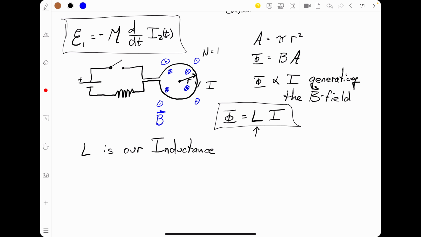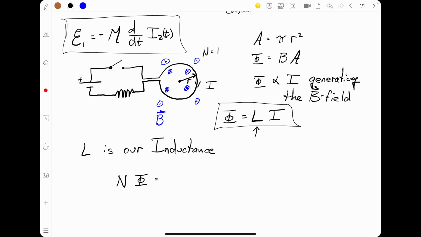Now, just real quick, I want you guys to know that if we have n loops, we have n times phi, because you'll have phi n times.